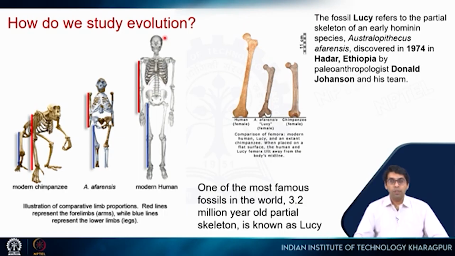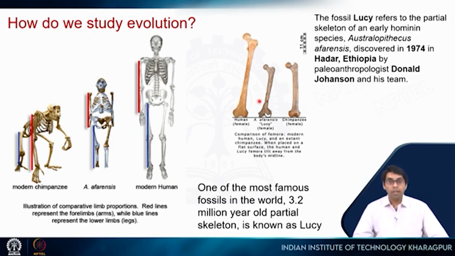Now, protein evolution can be studied in a very similar manner. We can compare two proteins which have the same structure. So we are comparing the same bone here, not different bones. Similarly, you compare the same proteins from different species, and by looking at how different they are, we can tell which one appeared first.